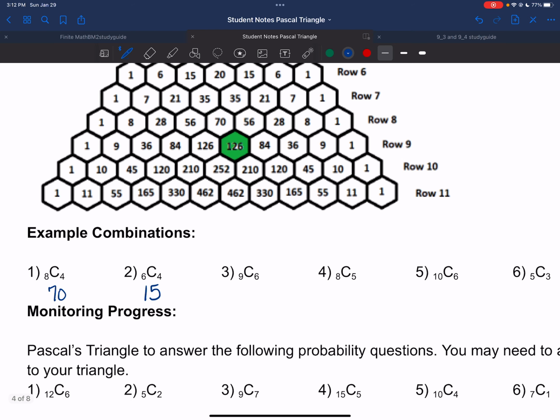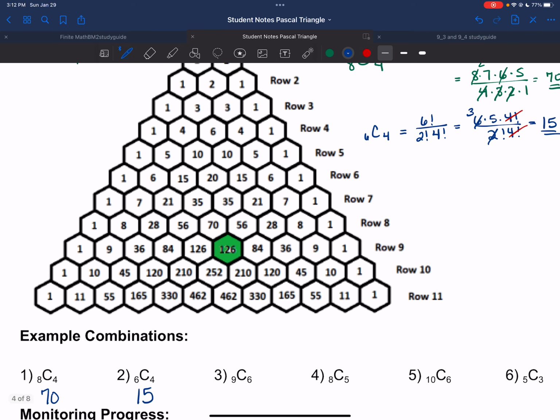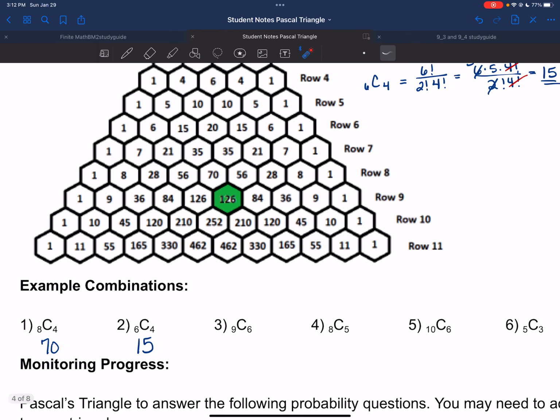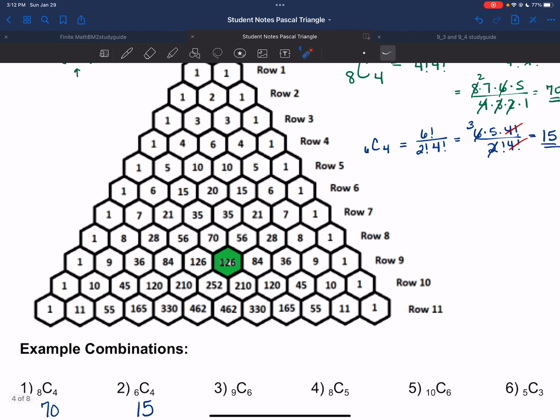All right, let's try 9C6 together. I'm going to abandon actually doing my computations. You can keep doing them if you want to check your answer. But 9C6. 9 would be row 9. 0, 1, 2, 3, 4, 5, 6. That should be 84.